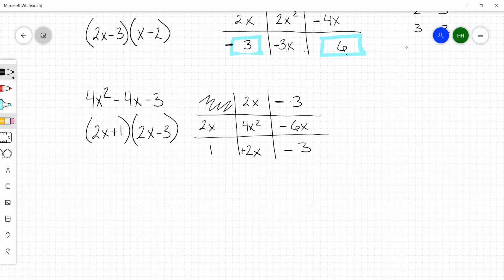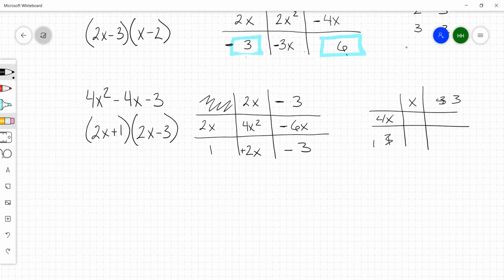With these boxes, again, I can't reiterate enough that you need to not push real hard on your pencil. Or if you're using pen, be prepared to draw a lot of boxes. A lot of these worked out real easy for me. I got lucky. But sometimes you have to try a 4x and an x and a 3 and a 1 and then a 1 and a 3.